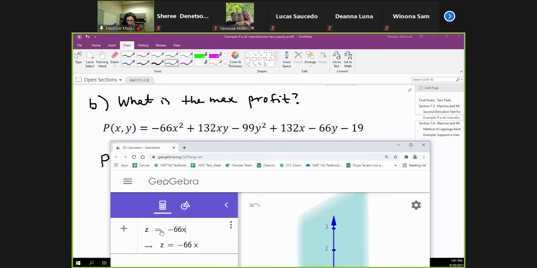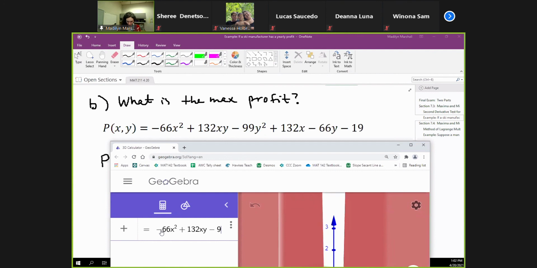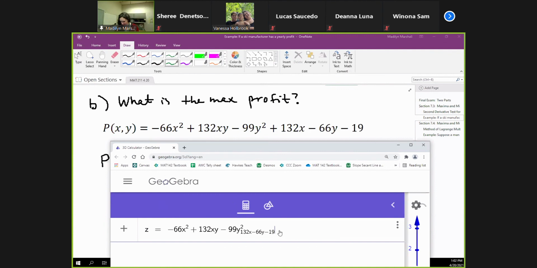So I have negative 66x squared plus 132xy minus 99y squared plus 132x minus 66y minus 19.